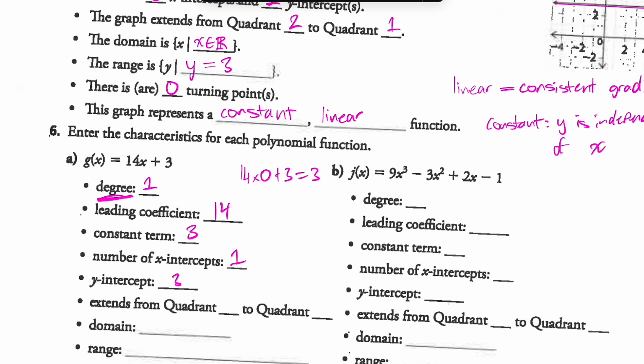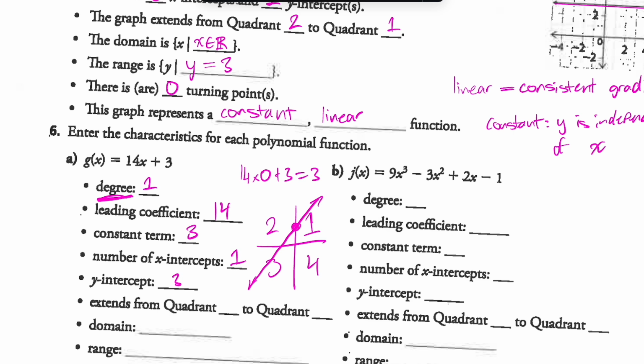Extends from, okay, quadrant, I guess it's saying 3 to 1, so that's 1, 2, 3, 4. It actually passes through quadrant 2, but the bottom of it is going to be at quadrant 3, and it goes up to quadrant 1 because it has a positive gradient, and it intercepts at 3.